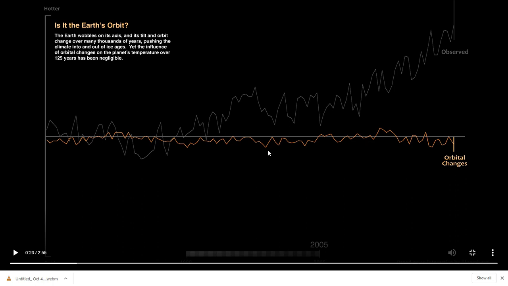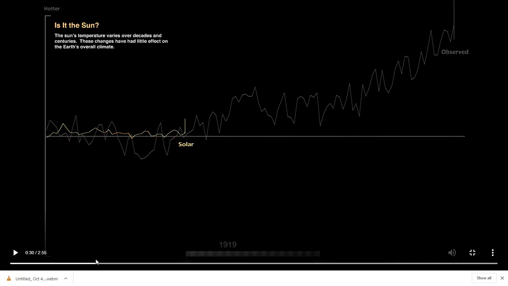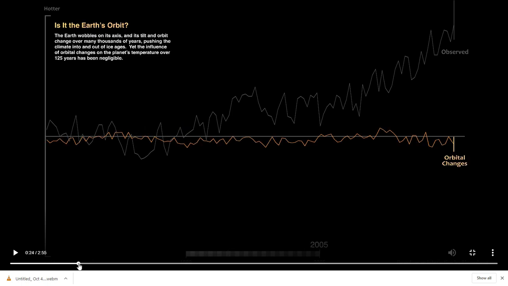That means this observed value should also be below the average. In other words, this is telling us that if orbital changes were causing the observed changes, they should track closely together. They're not. For the great majority of this graphic here, it should be on the cooler side. The Milankovitch should be leading us into cooler conditions. But look at the observed. It is warmer than usual.